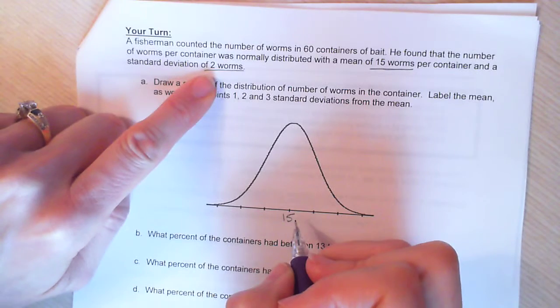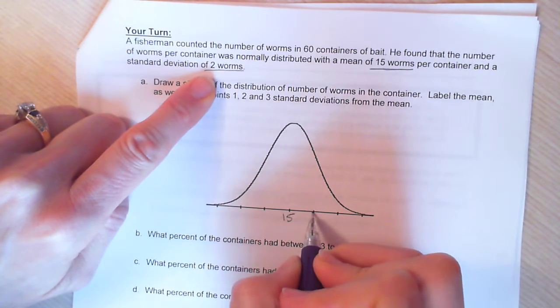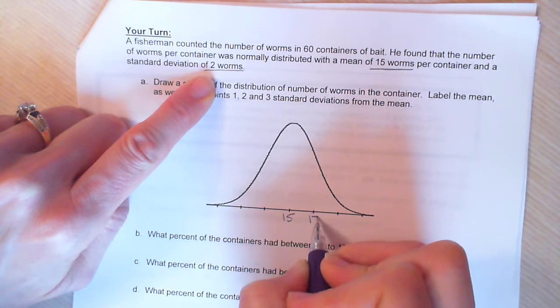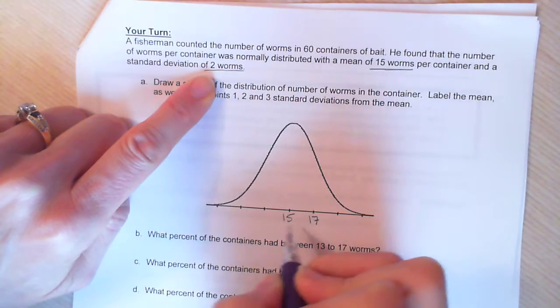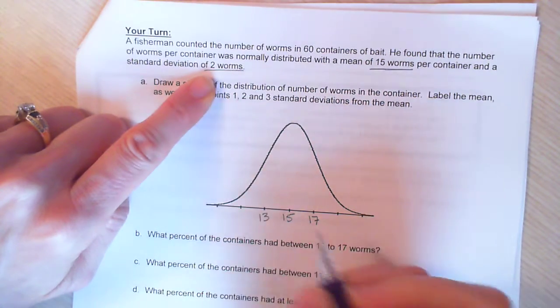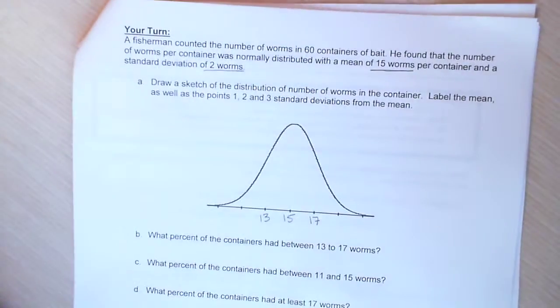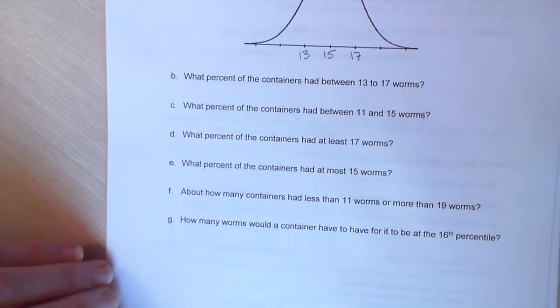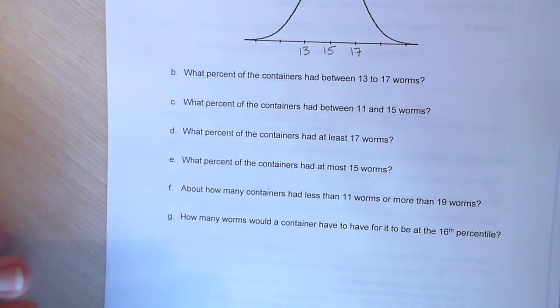And the standard deviation is 2. So when I do 1 standard deviation, I'm going to have to say 15 plus 2 worms would be 17. And minus 1 standard deviation would be 15 worms minus 2 worms, so that would be 13. Now pause the video and complete these questions and then come back and check them.